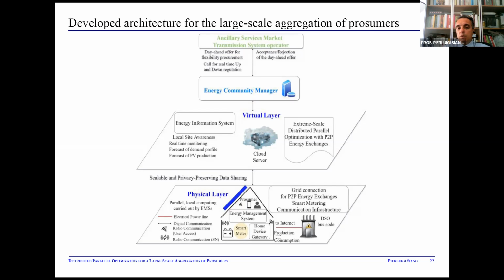So in this case, we succeeded in parallelizing the optimization of all the users. If we also consider peer-to-peer energy exchanges, this can become an issue, because it is not possible to parallelize according to what we are working on.